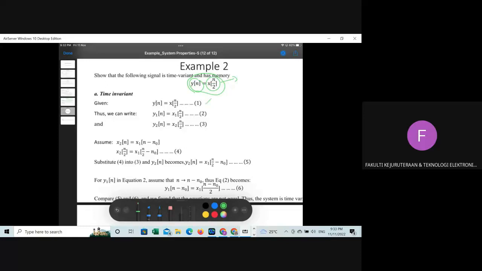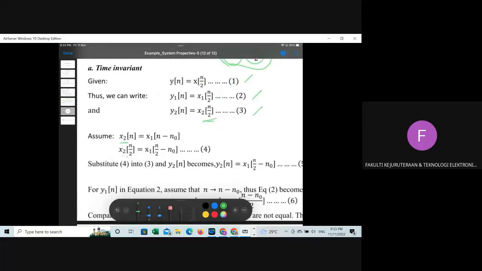So you will have y[n], and then y1[n], y2[n]. If your x2[n] is x1 having a delay by n naught, because here we have n over 2, then x2[n] equals x1[n/2 minus n naught]. That means the signal has that delay. So this equation 4, you substitute in equation 3.